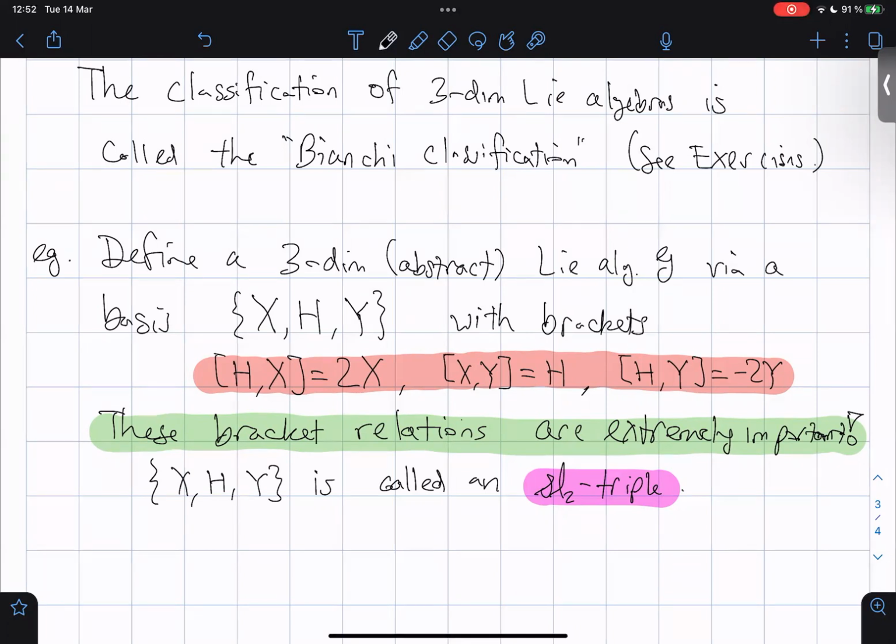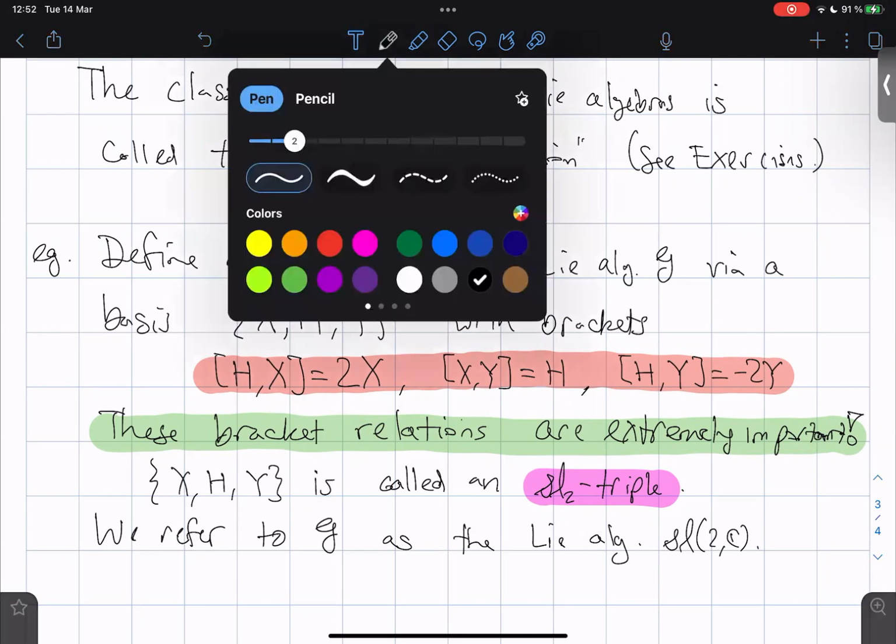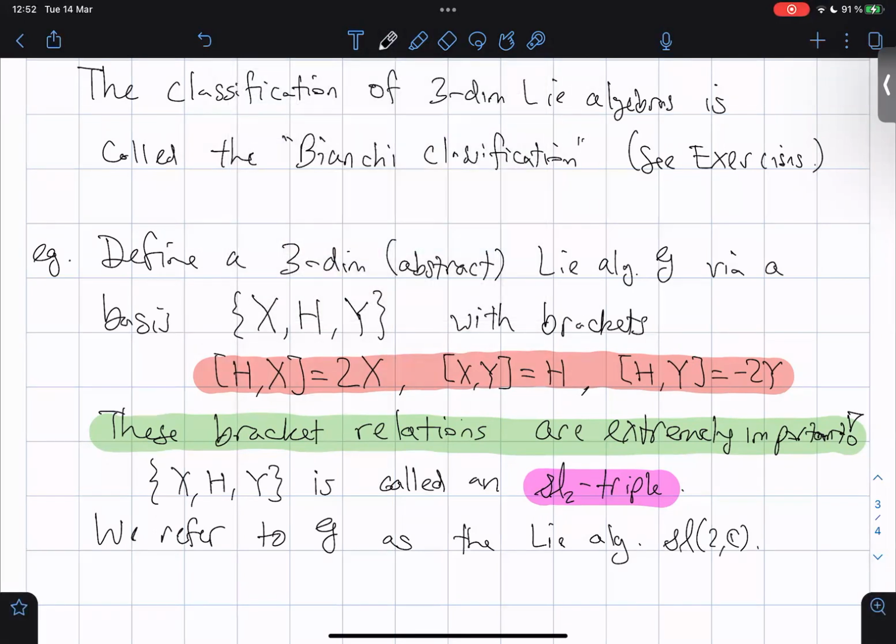So this is called an SL2 triple. We refer to G as the Lie algebra SL2C, if I'm working over C, of course. Three-dimensional, abstract, complex. You could also do it for the reals, of course. That's fine.